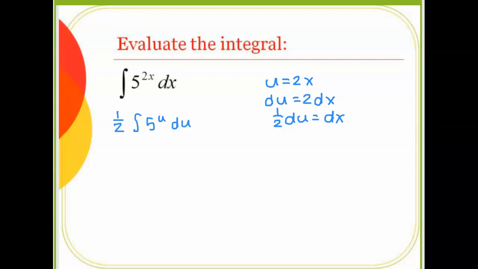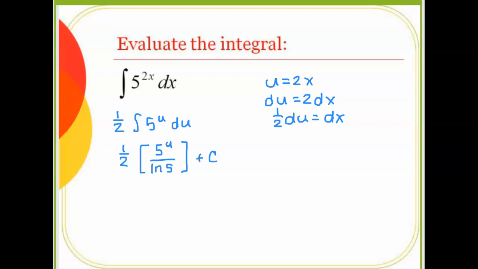And again, we talked about this antiderivative a couple days ago, but the antiderivative of a to the u is a to the u over ln a. So this is like 1/2 a to the u over ln a. And don't forget our constant of integration c.